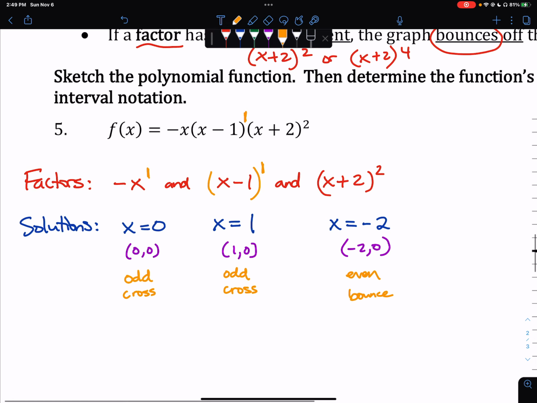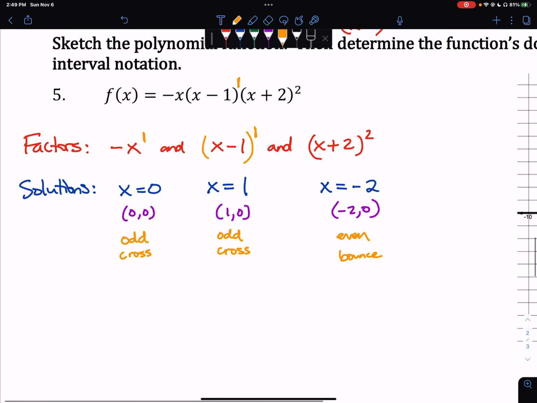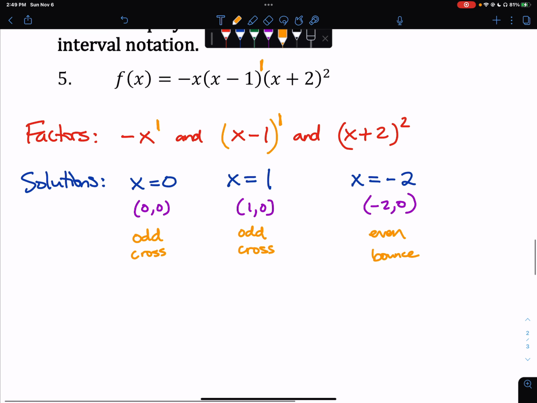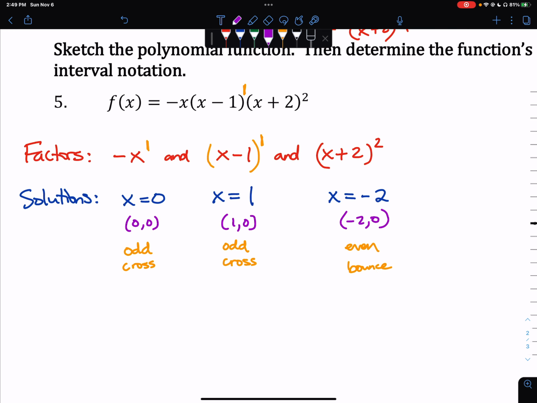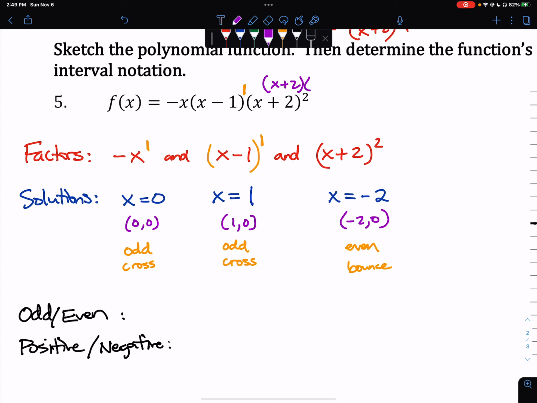Okay, so how this looks on our graph. Well, the other thing before we do that is we want to recognize this entire function. Is it odd or even? And is my function positive or negative? So if we think back to the very beginning, we have to count my variables, and this we have to think of as x plus 2 times x plus 2.